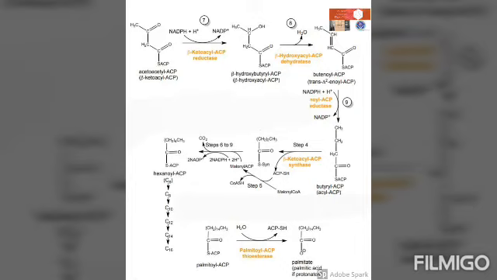Once butyryl ACP is formed, it returns to step 4 and continues up to step 9 to generate hexanoyl ACP. This process is continued for 5 rounds more, that is, a total of 7 rounds, until palmitoyl ACP is formed.